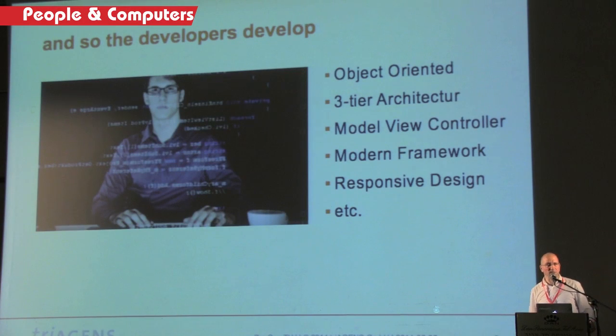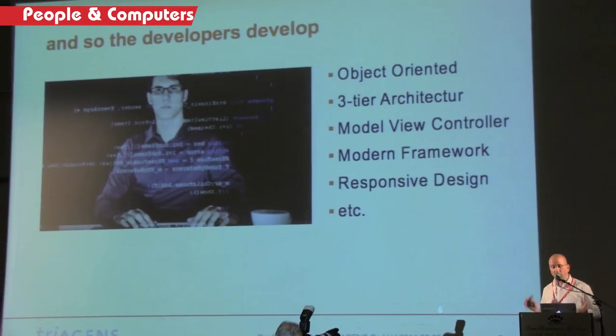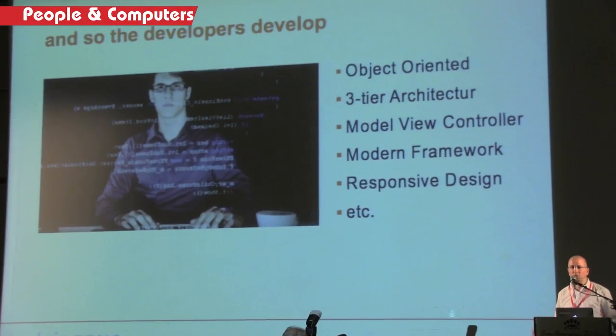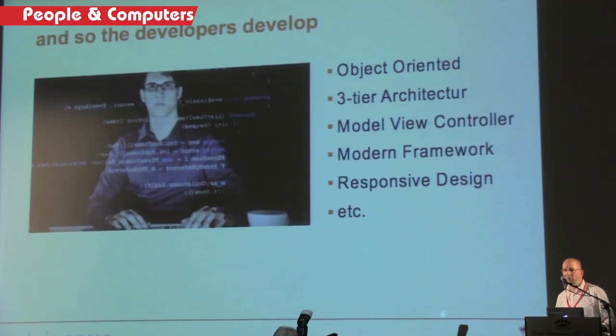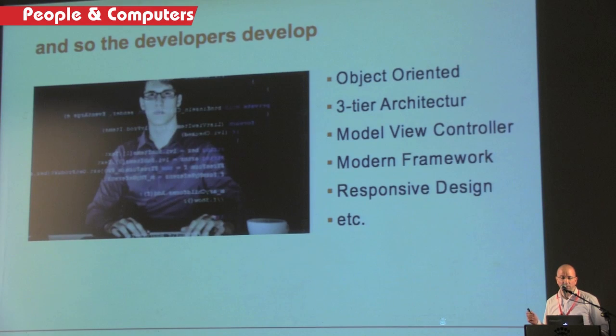And so after the specification workshop, the developers go on and they develop, and they do it with all the right buzzwords and all the right technologies. So with object-oriented and three-tier architecture, model view controller, and responsive design, and what have you, everything is very good.